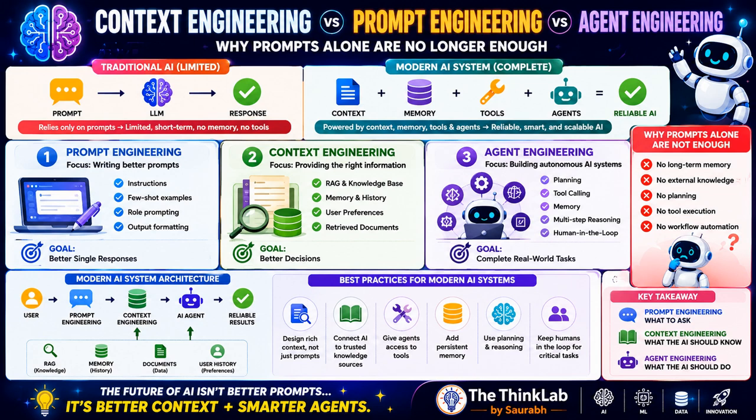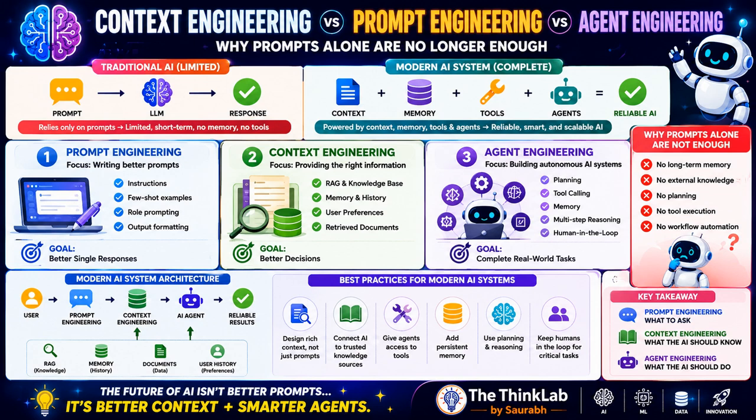Second, connect AI to trusted knowledge sources using RAG, retrieval augmented generation. Third, give the AI access to useful tools whenever appropriate. Fourth, add persistent memory so that the system can remember important information across sessions. Fifth, allow the AI to plan and reason through complex problems. And finally, keep a human involved for critical decisions where oversight is important. These practices help build AI systems that are more reliable and useful.